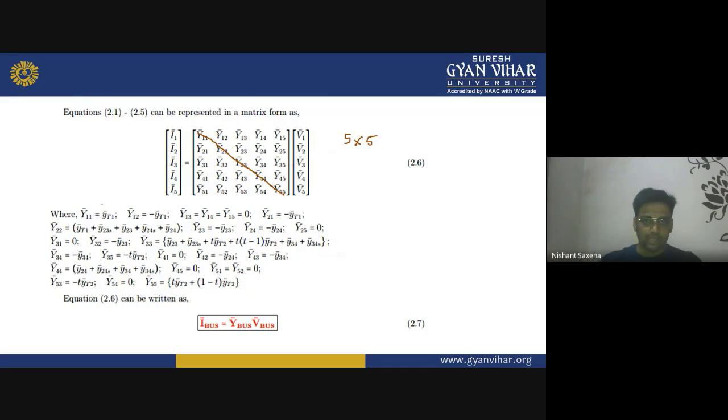So the element associated with this Y12 is minus of YT1. Similarly, we can write it for all the other parameters, and we will write this complete matrix as the I bus matrix is equal to the Y bus matrix into the V bus matrix.